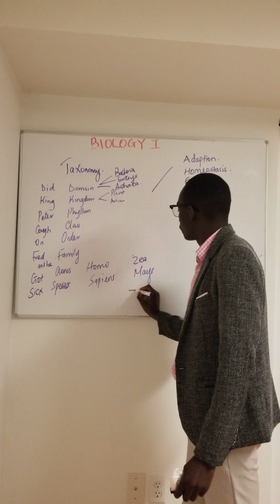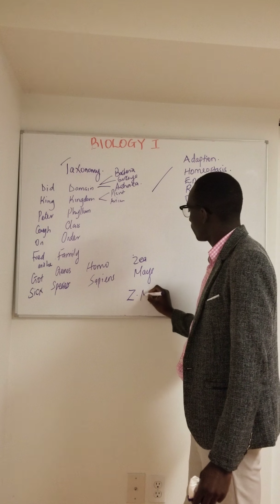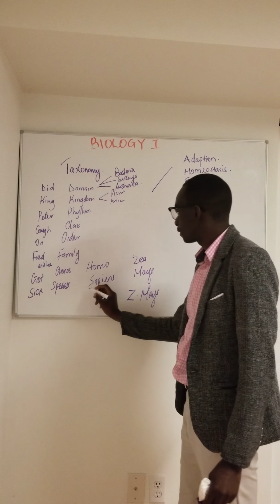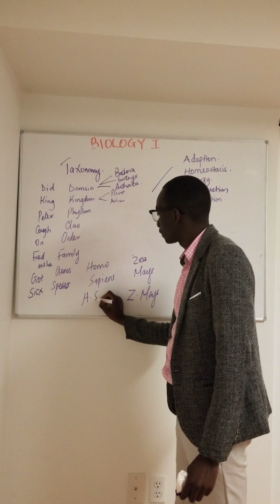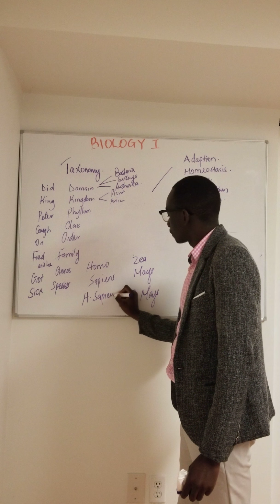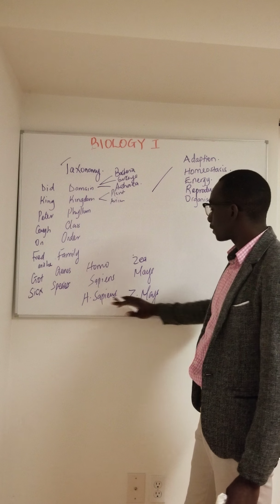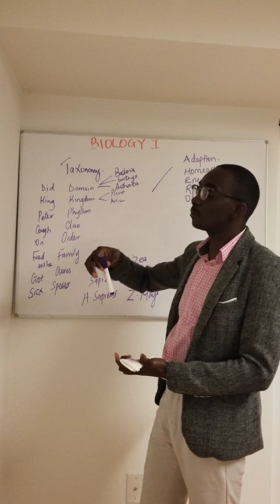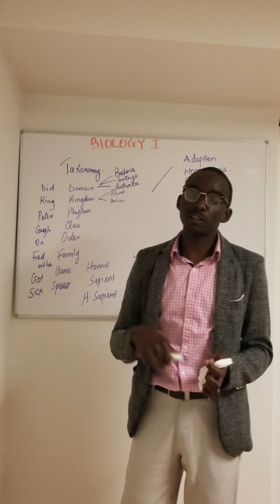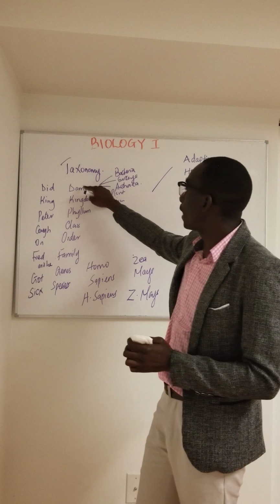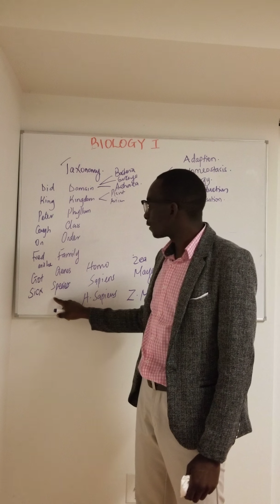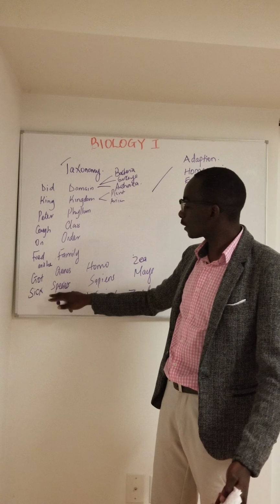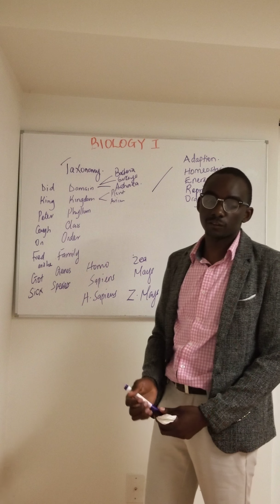So you usually write Zea mays in italics, and likewise Homo sapiens in italics. So this is taxonomy. It is a way of classification of living organisms from the domain to the last, most specific classification in form of a species.